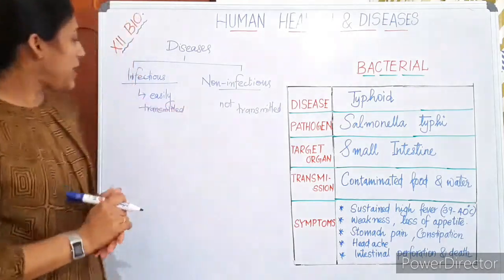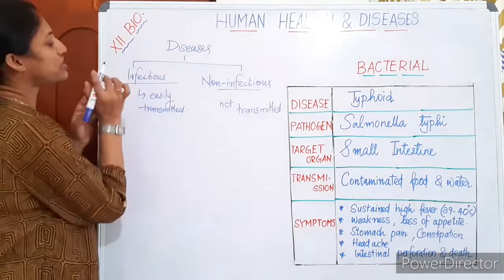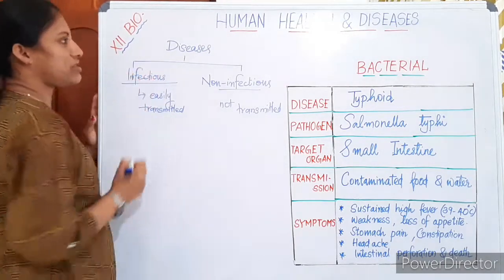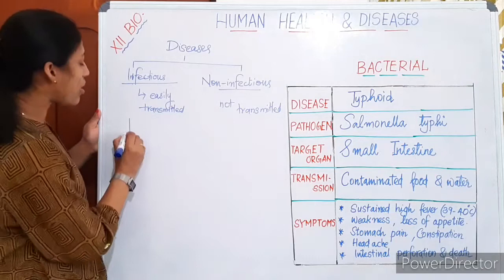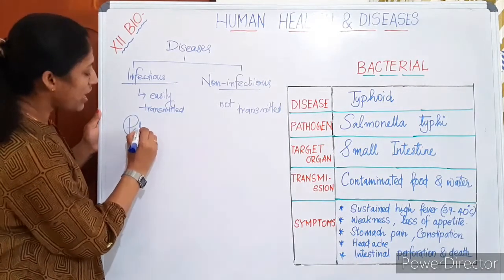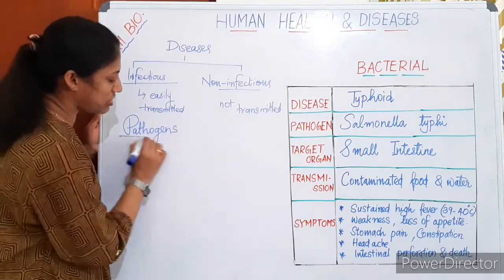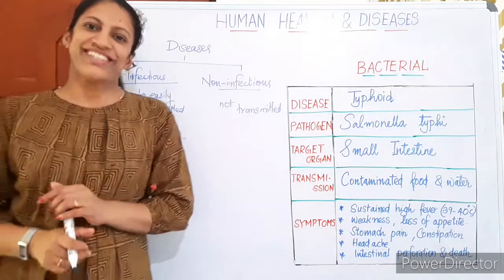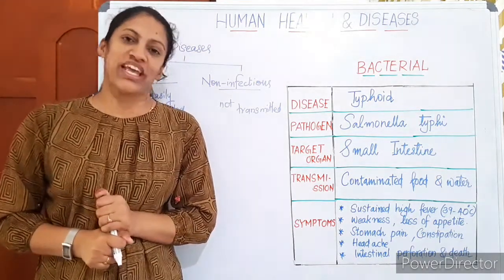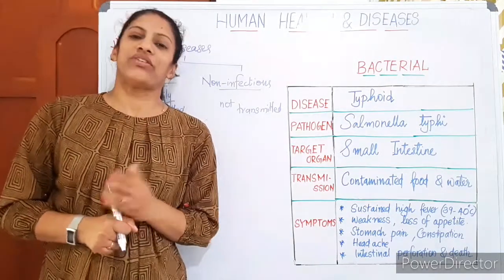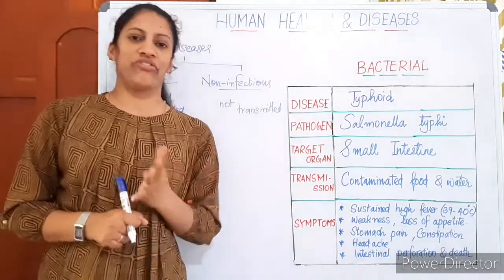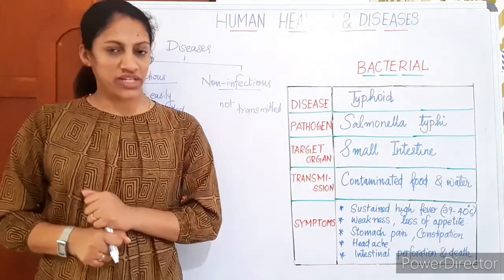Then keep in mind, for infectious or non-infectious diseases, the agents which cause the diseases are called pathogens. So pathogens are the disease causing agents. You know pathology deals with pathogens, identification of pathogens, treatment, such cases.